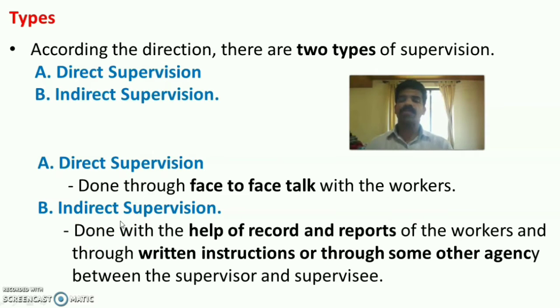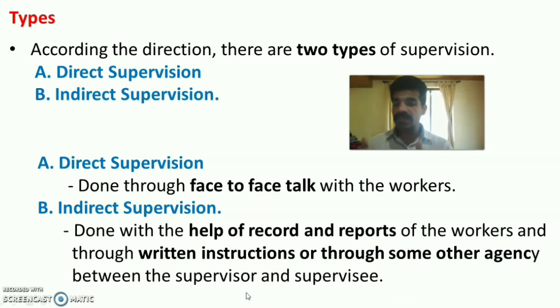Indirect supervision is done with indirect observation, with the help of records and reports of the workers and through written instructions of the employee, like the staff diary or health personnel diaries, and through some other agency between the supervisor and the supervisee.